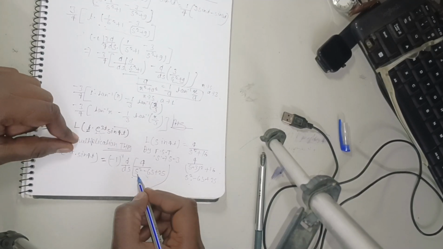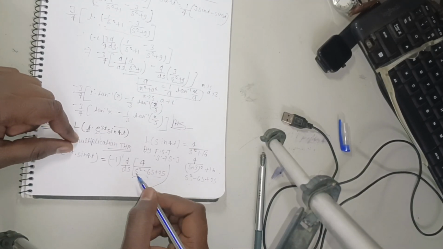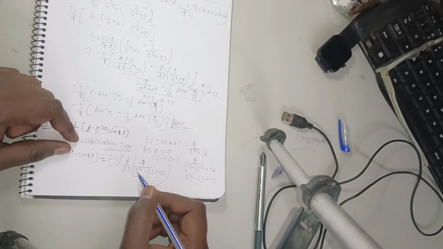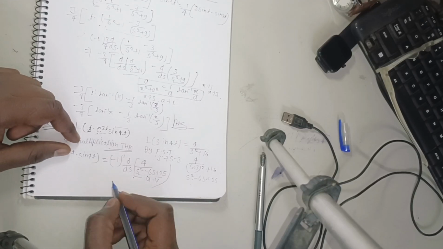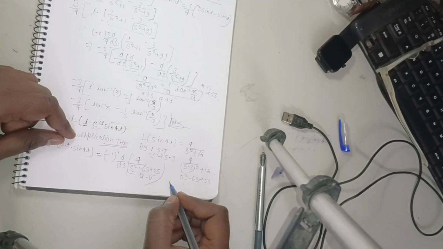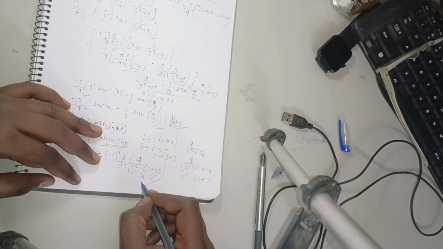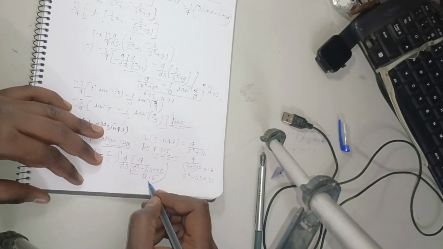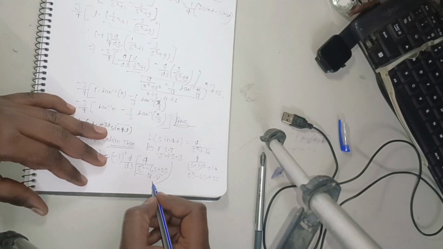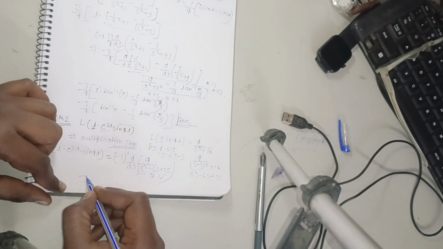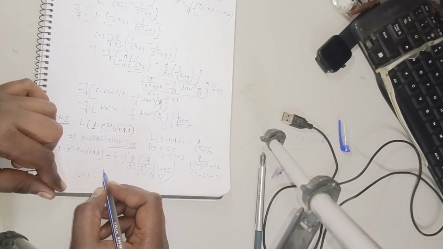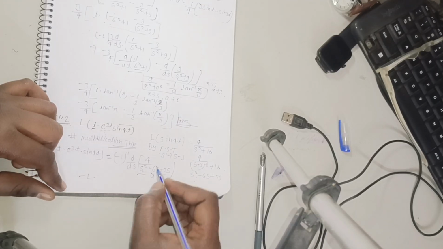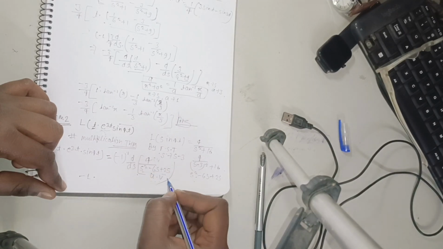Now I have to differentiate it, nothing else. I'll use the u by v rule. We know that if this is differentiated, then this will be as it is, and v square. So minus 1 into (this is considered as u, this will be considered as v).